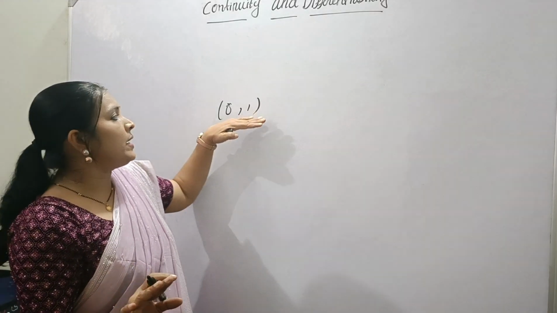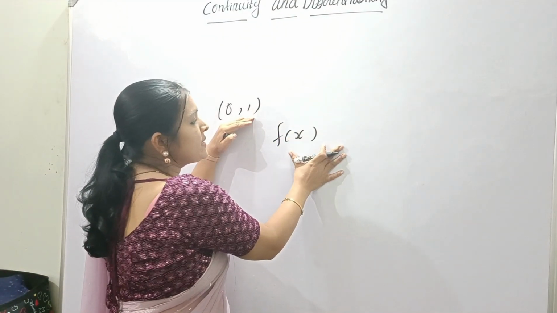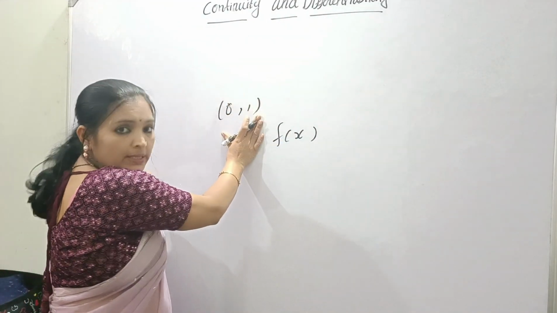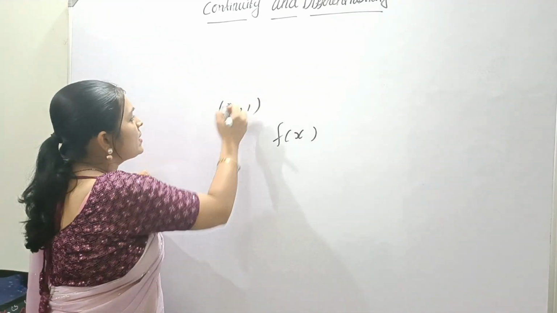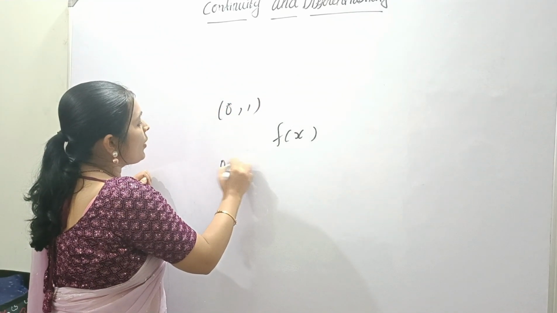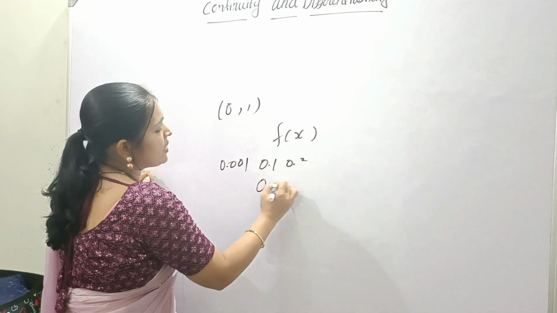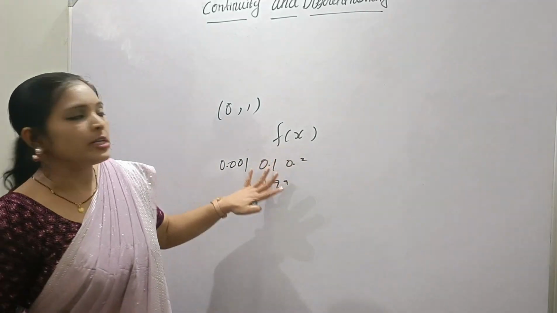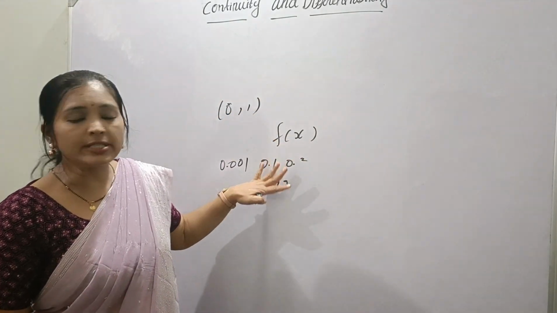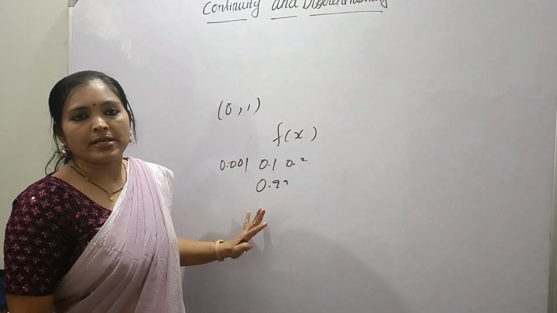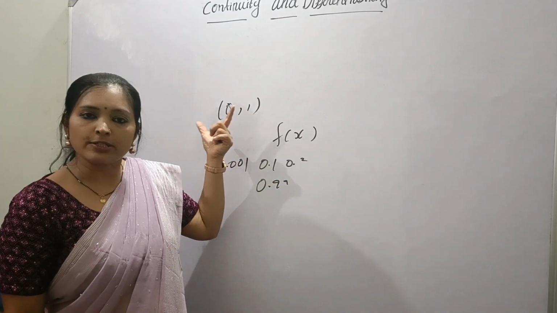That means the function f of x should be continuous at all the points in the interval. We know that many points are there, some points we will take like 0.1, 0.2, etc., up to 0.99. All the points are included here, right? So this function should be continuous at all these points. Then we say the function is continuous in the interval 0 to 1.